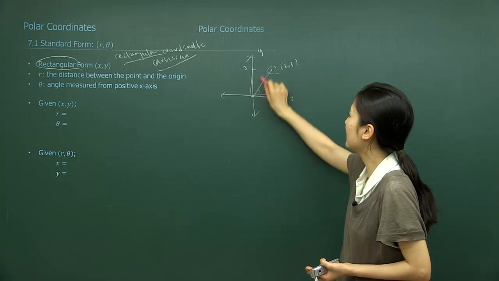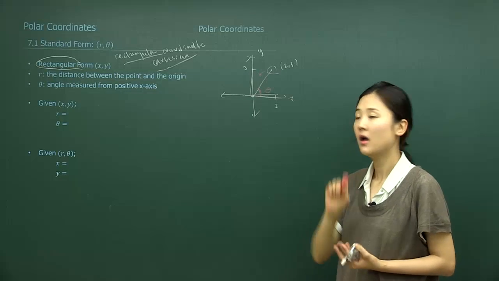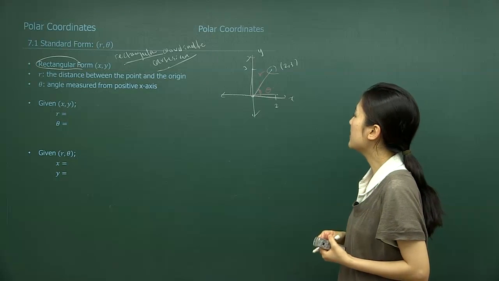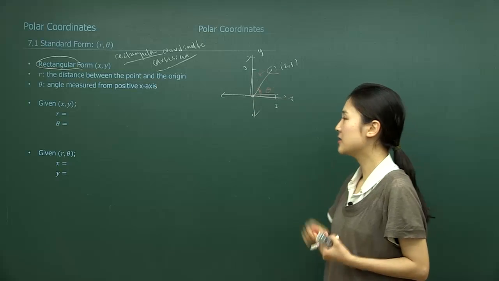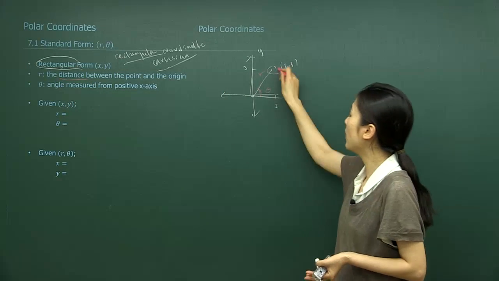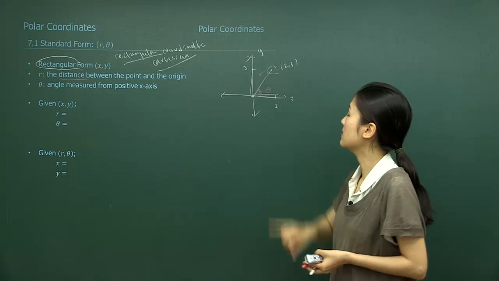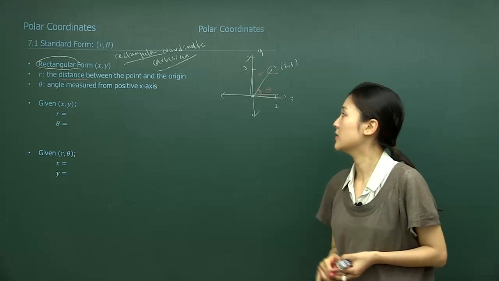That is your r, and that's your angle theta. The r is rather easy because it's simply the distance between the point and (0, 0). Everybody knows how to find the distance between a point and (0, 0), right?